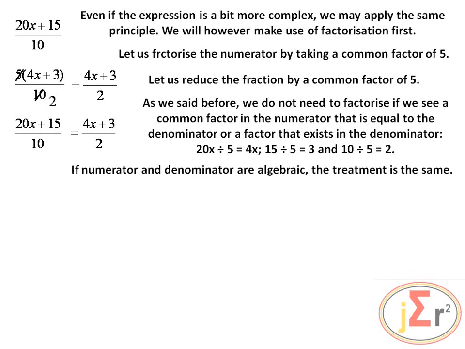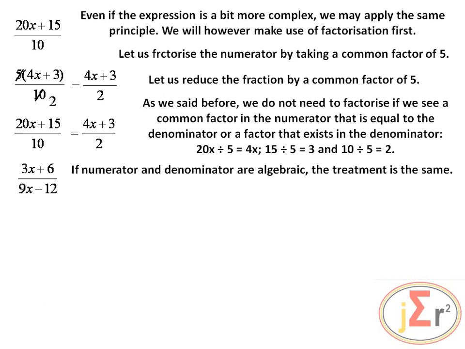If numerator and denominator are algebraic, the treatment is the same. So if the numerator is algebraic and the denominator is algebraic, maybe before we arrive here, some mathematics campers would have been asking the same question. Suppose both numerator and denominator were of the same level of sophistication. What would we do?